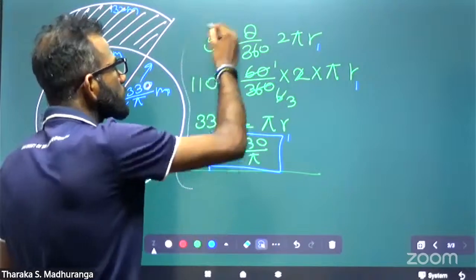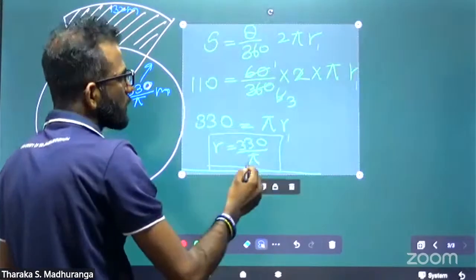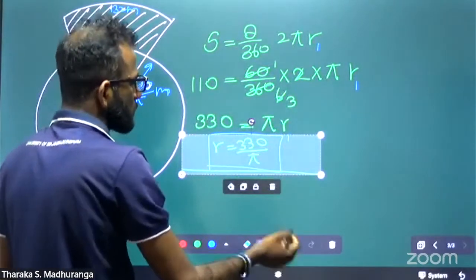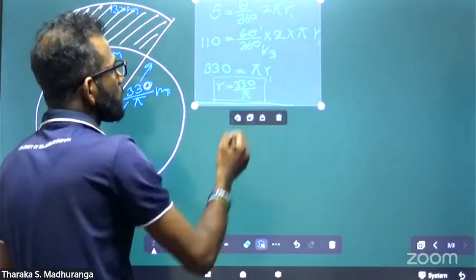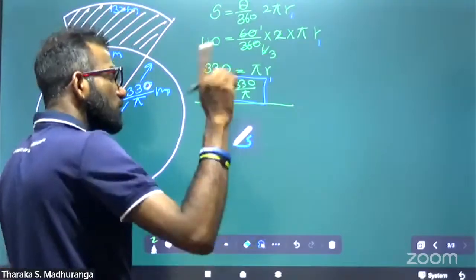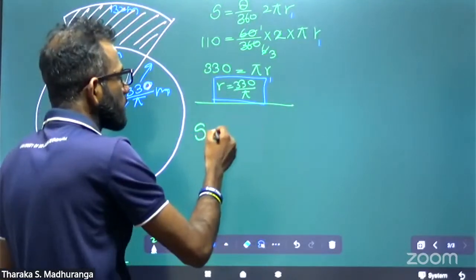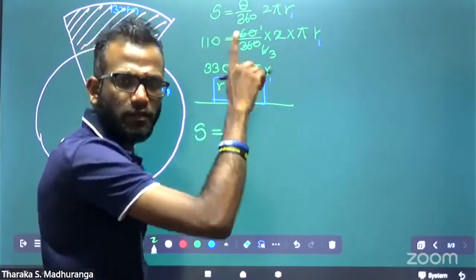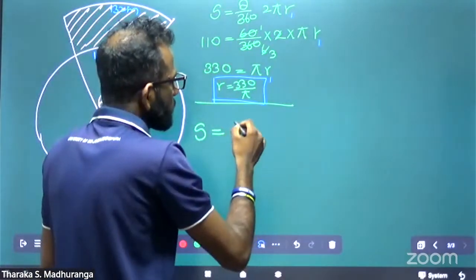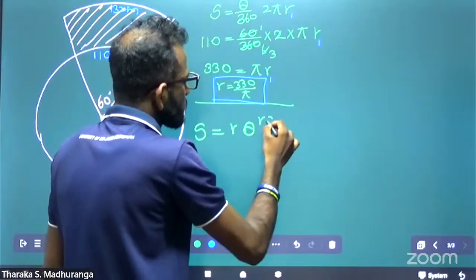Which method do I need to use? I'm going to use the s equals r theta method for the second one. If you want, you can use the same equation, no problem. S equals r theta in radians.